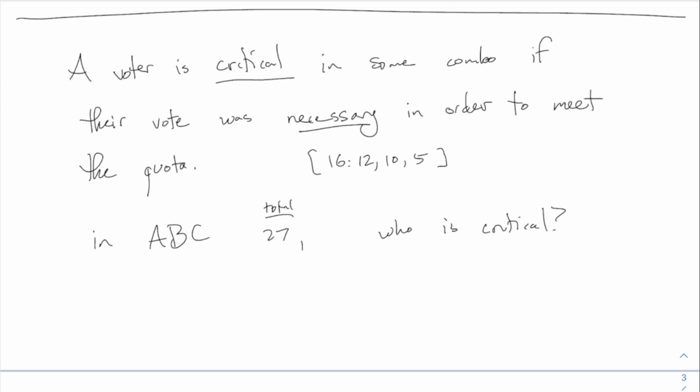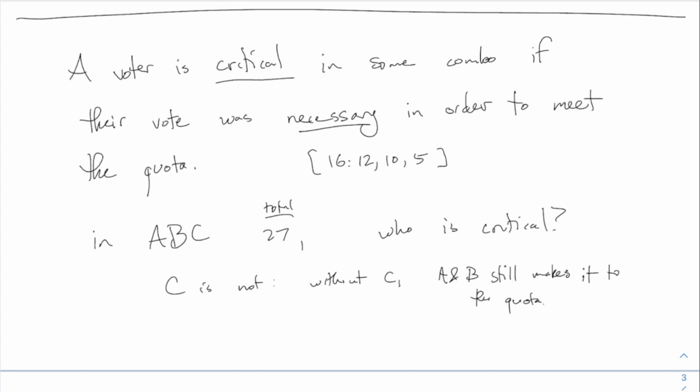So in this combination, who is critical? C is not. This is because without C, A and B still makes it to the quota. All right? So it's the same as saying a voter has veto power. It is kind of like that.